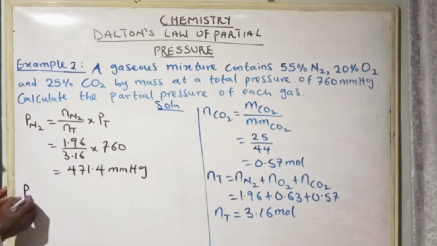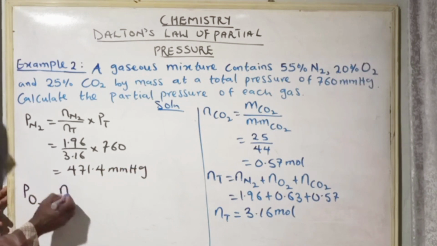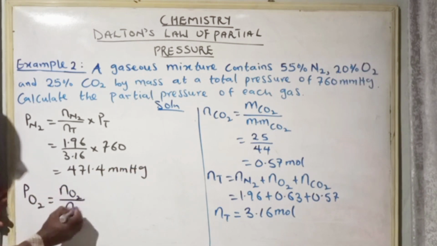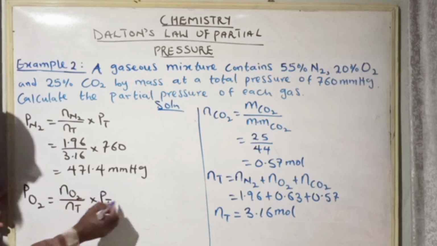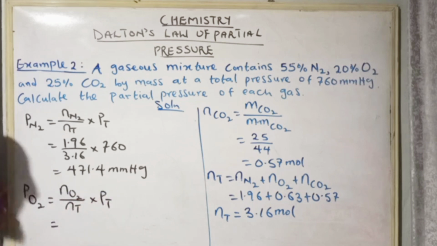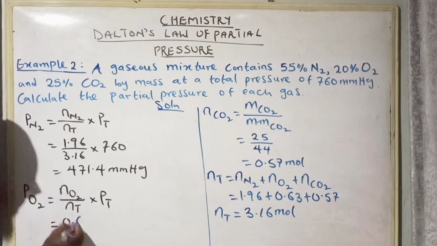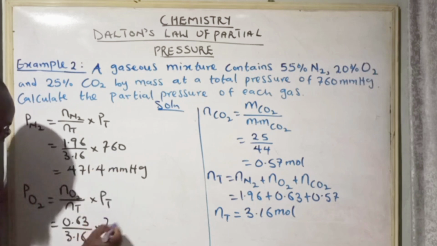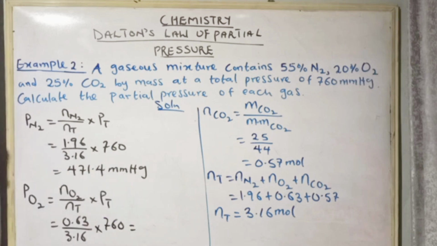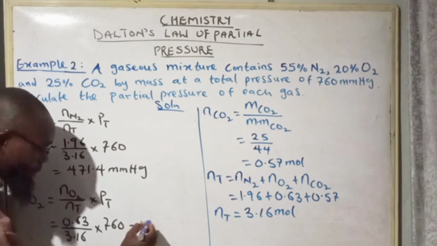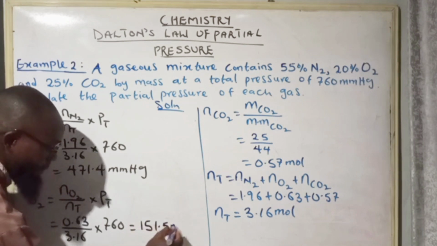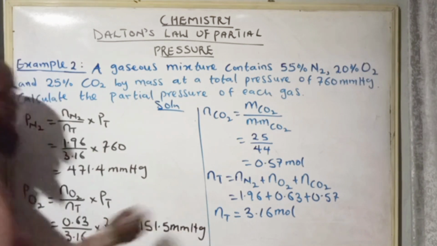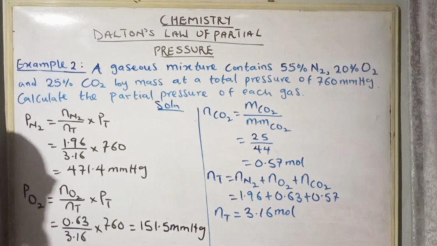Now, for the oxygen, it's going to be the number of moles of oxygen over total number of moles times total pressure. The number of moles of oxygen there is 0.63 divided by 3.16 multiplied by the total pressure 760. So what do we have here as well? 151.5 millimeter of mercury. The last one is to now get the partial pressure of carbon dioxide.